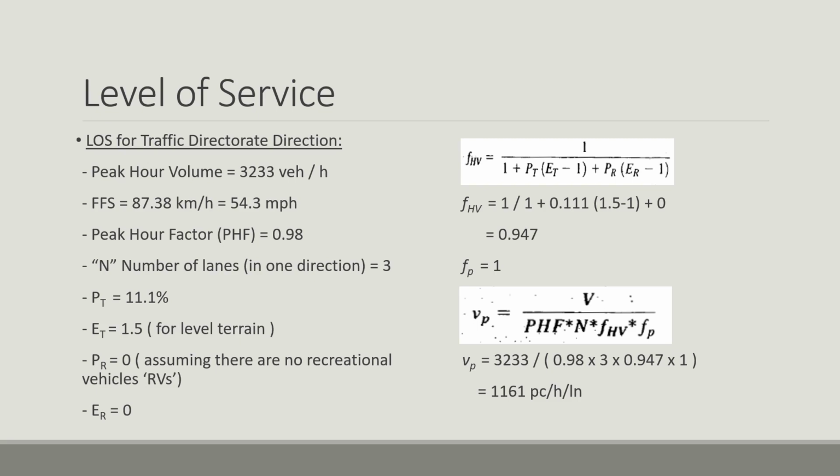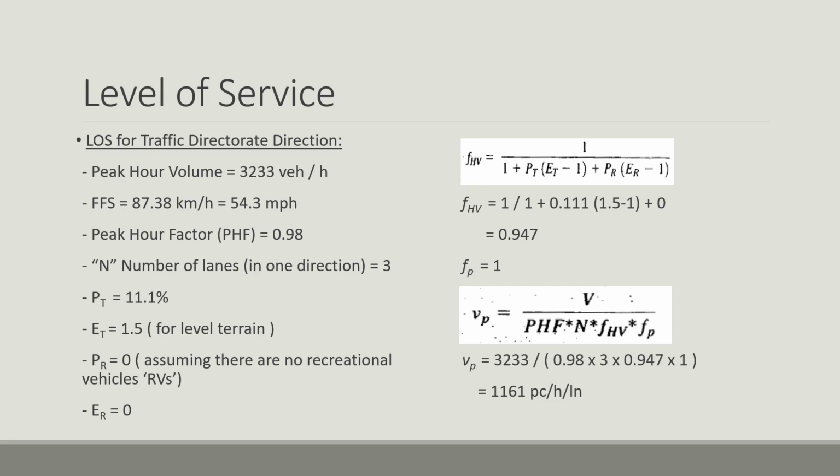The percentage of heavy vehicles is 11.1% and the ET value is 1.5, assuming level terrain for the highway. PR and ER values are 0 because we are assuming that there are no recreational vehicles traveling on the highway.